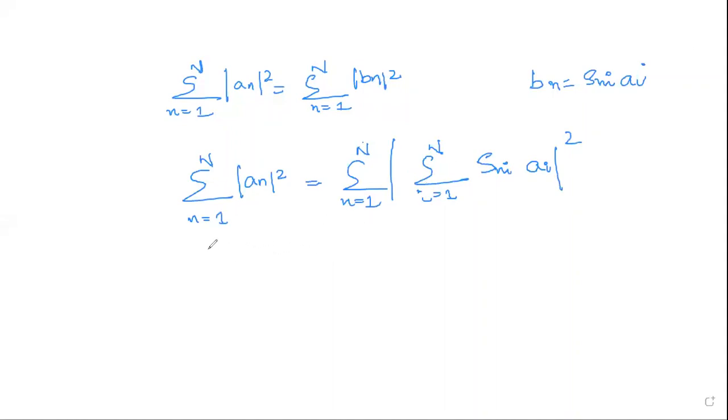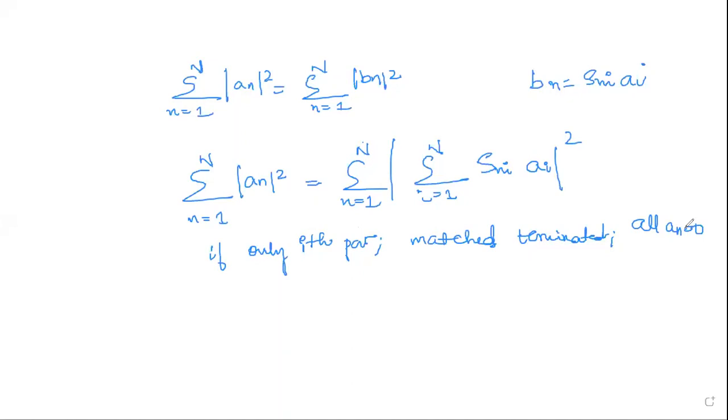Now what we are saying is that if only the ith port is excited, or if we consider only the ith port, except the ith port, all other ports will be match terminated. So if we terminate all other ports, all the An values will be equal to zero, except the value Ai.